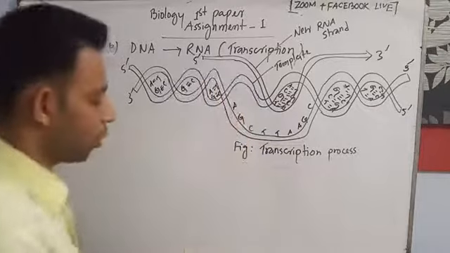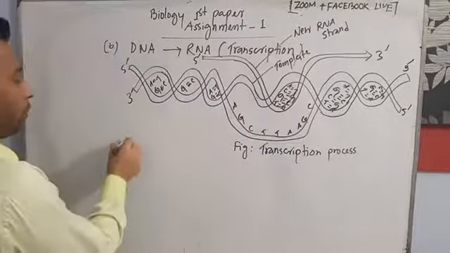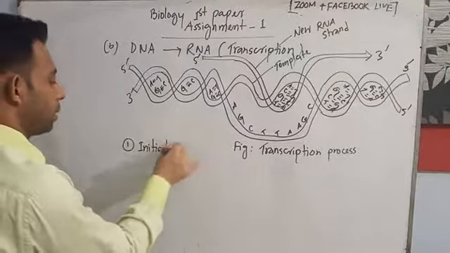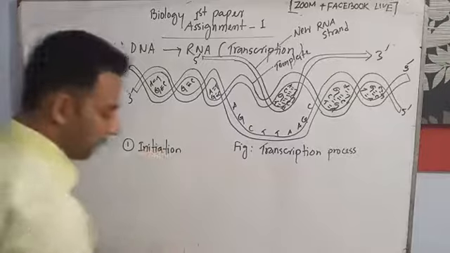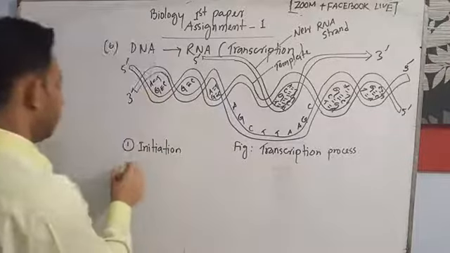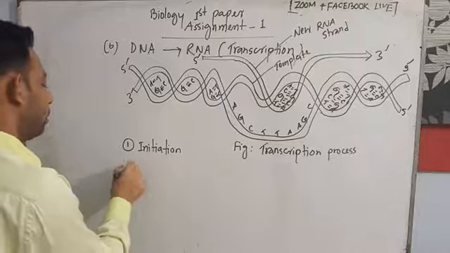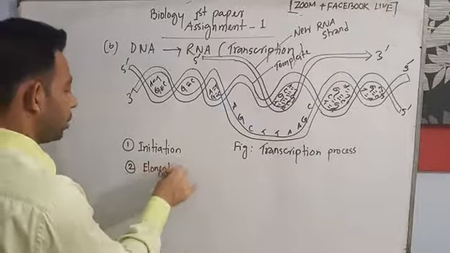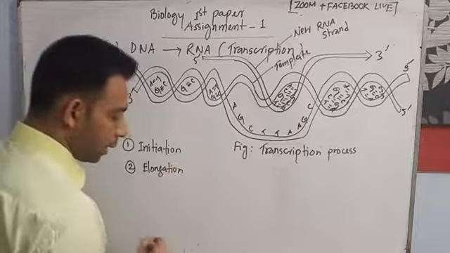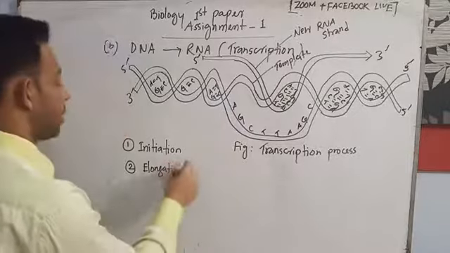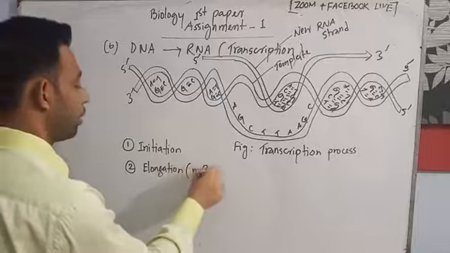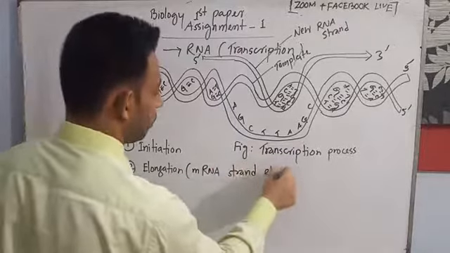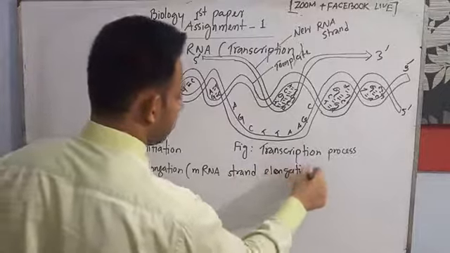First the initiation, then the second point you will write the elongation, mRNA strand elongation, that is the process.